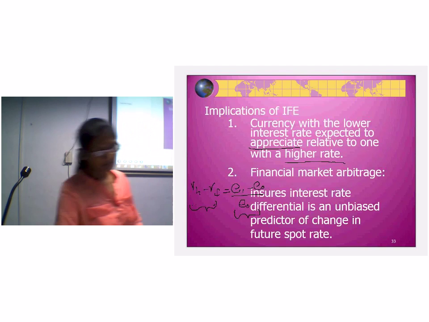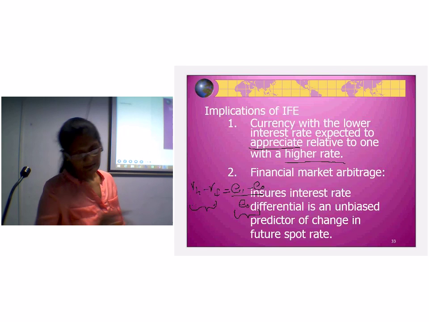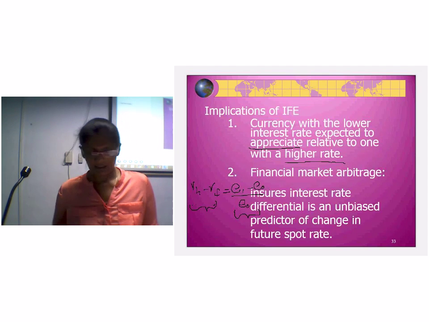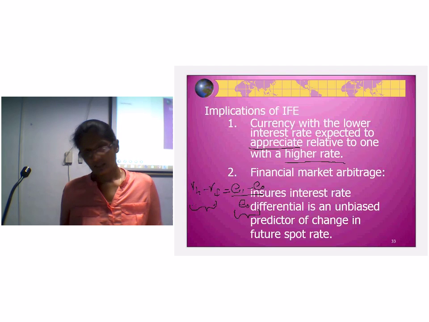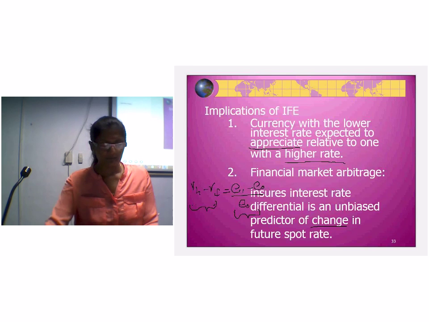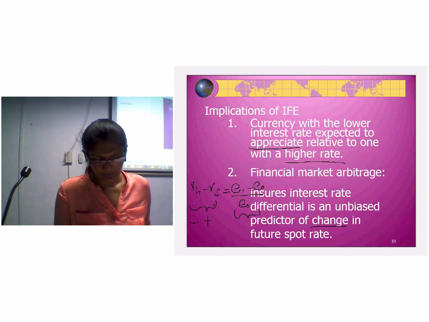From this equation, we can identify that this implication is there in the international Fisher effect, right? If there is an interest rate differential between two countries, that would definitely change the future spot rate. This change could be either increasing the spot rate or decreasing. We don't know which; it could be a negative or positive result, right?